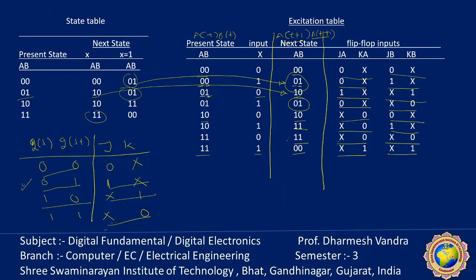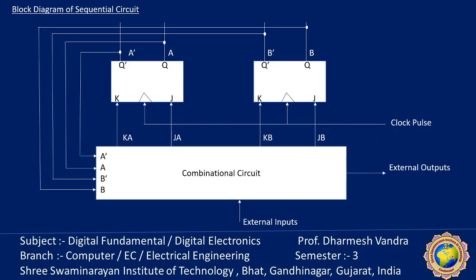So now from this table, we know what the required inputs JA, KA, JB, KB are to satisfy this state table. So that means we have to find out this combinational circuit. Where the flip flops have JA, KA, JB and KB.